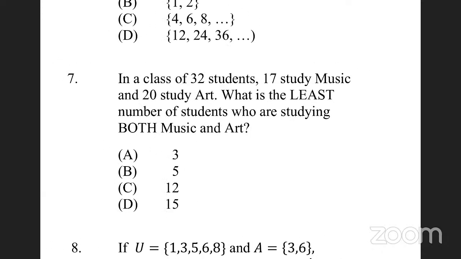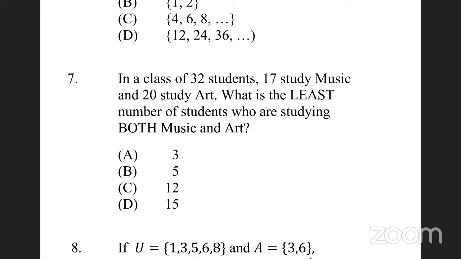Number 7. Think about this one. 17 study music, 20 study art. What is the least number of students who are studying both?